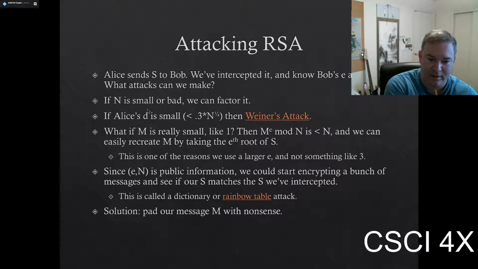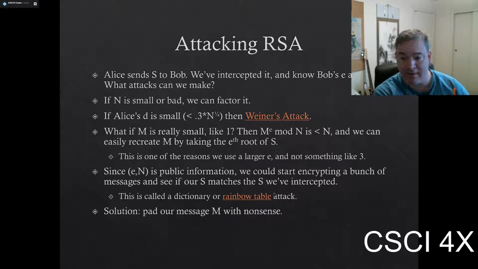For example, if you have a small d, more than a third below the fourth root of n, attacks are possible. If your message is too small, or if you send a message that can be easily guessed, these are all attacks that are possible.